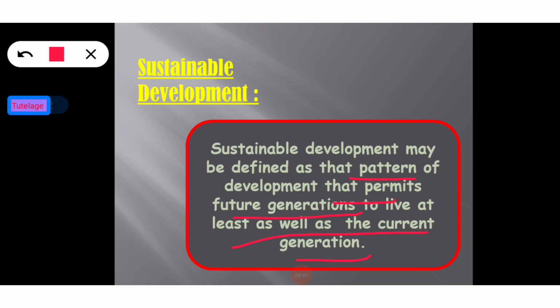Now going to an example: we consider building a new community in a previously underdeveloped area without destroying the ecosystem or the environment. This is called sustainable development. That means it refers to meeting the needs of the present generation without compromising the needs of the future generation.